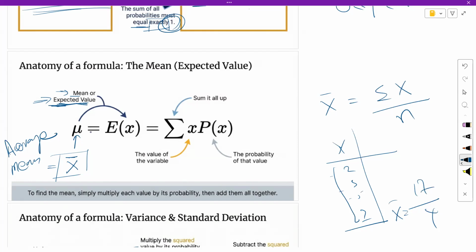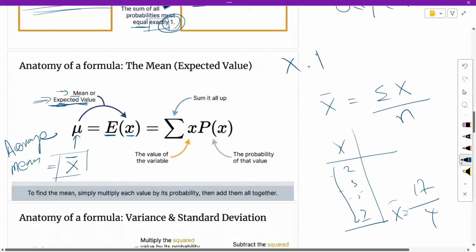We write the notation here, the mu, right? The mu refers to the average, equal to the expected value, E of x, expected value of variable x. It can be calculated like this: sigma, x into probability of x. This is the simple formula, and we take the total of this. So that is the mean.